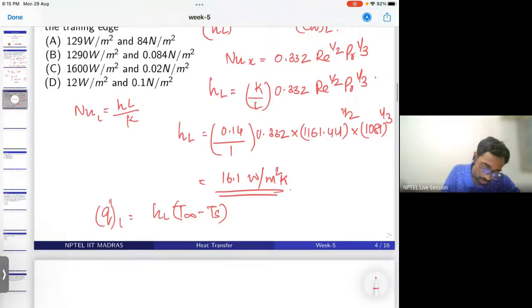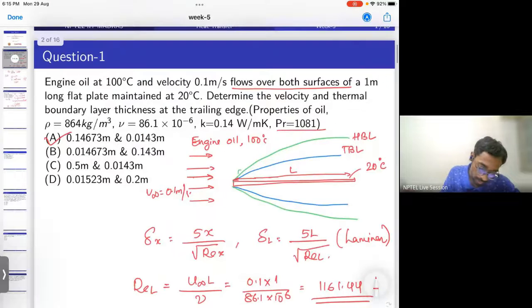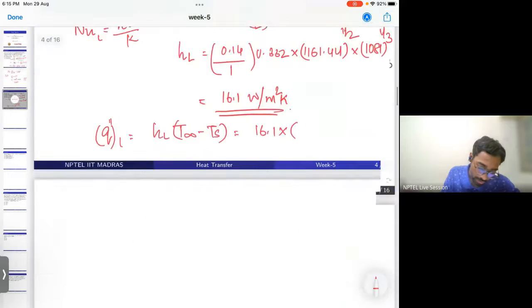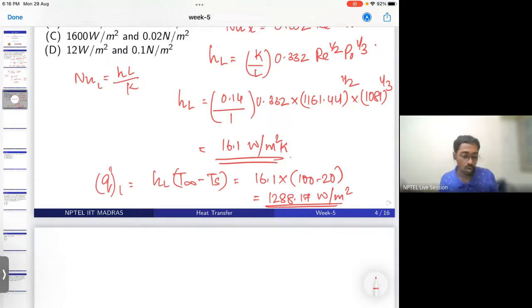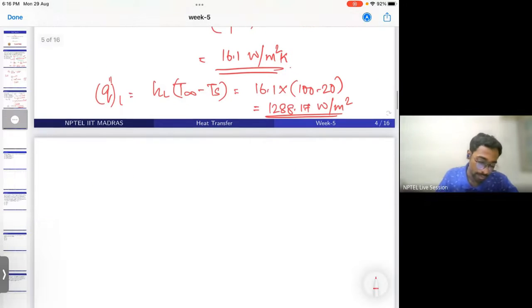So it is 16.1 into what is T infinity? 100, and T surface is 20. So it's 100 minus 20. The answer will become 1288.17 watts per meter square. So this is the local heat flux at the trailing edge of the flat plate.